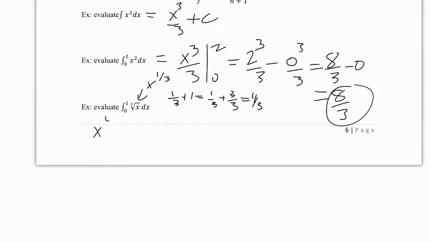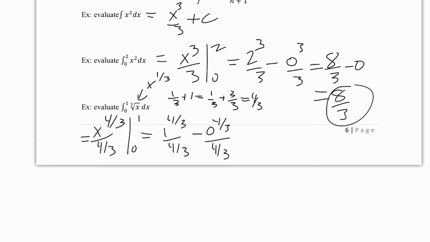Okay, x to the 4/3 over 4/3, evaluated from 0 to 1. So we get 1 to the 4/3 over 4/3, minus 0 to the 4/3 over 4/3. That'll give us 1 over 4/3 minus 0, which will give us 3 over 4.